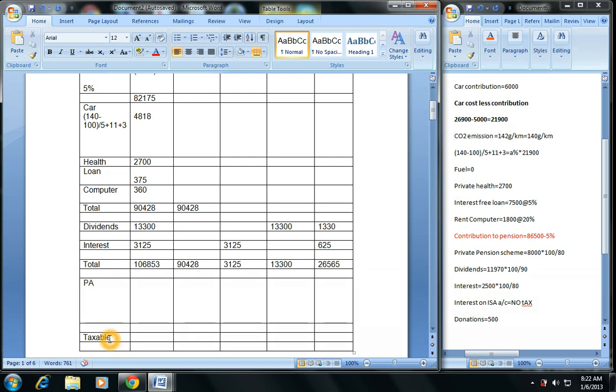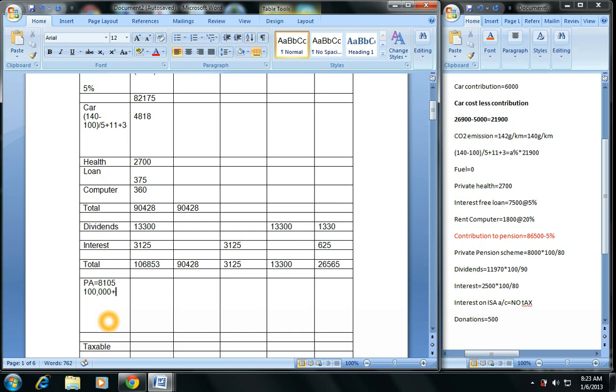Every person is entitled to a personal allowance. If you're in the UK and you work, you're entitled to the personal allowance, which is £8,105.